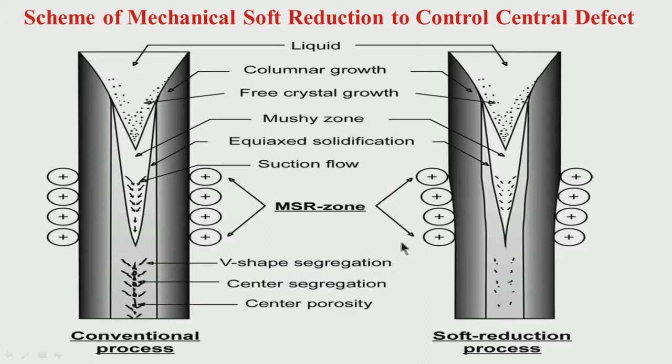This zone is where solidification is getting completed, that means maybe from 90% to 100% solidification. That area is very important, where you want to put some amount of pressure for the soft reduction. And I had mentioned that this area is relatively prone to brittle crack formation also.